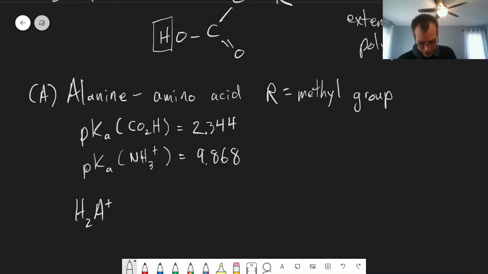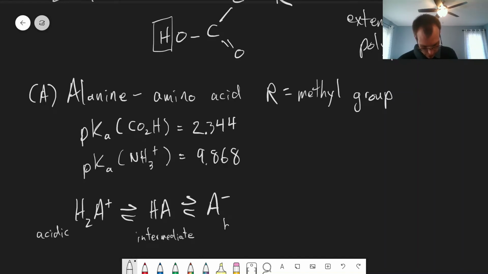That proton on the carboxylic acid can be lost, and then we form the intermediate form, HA. And then we could lose that proton that's on the base and form the negatively charged ion, A-. We've lost both protons. All right, so we have the acidic form, the intermediate, and the base form, or basic form.